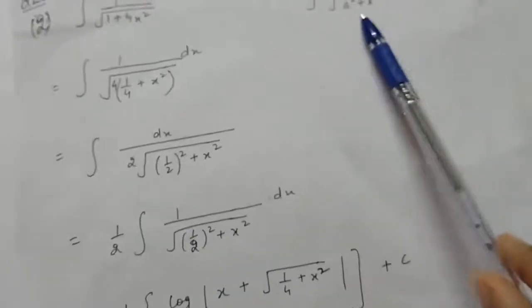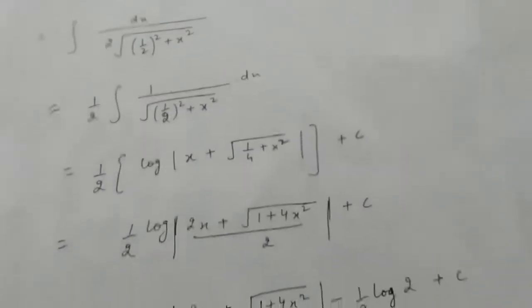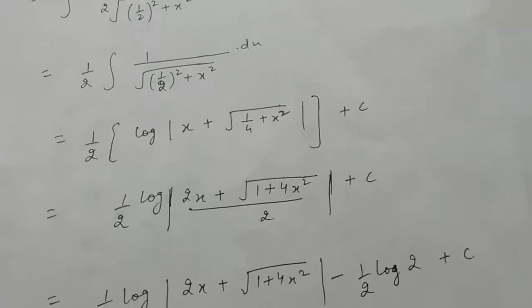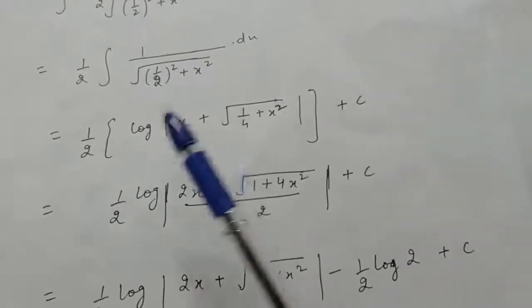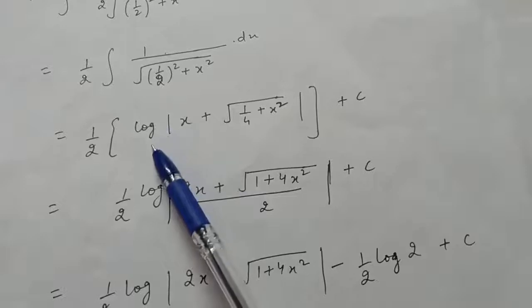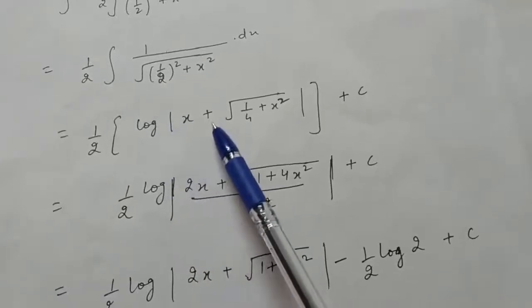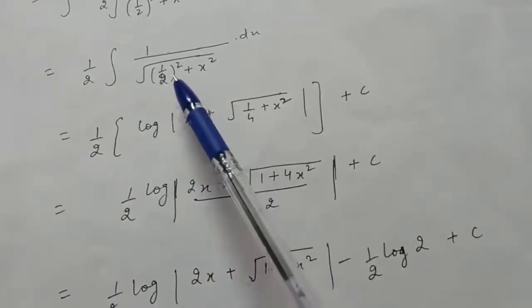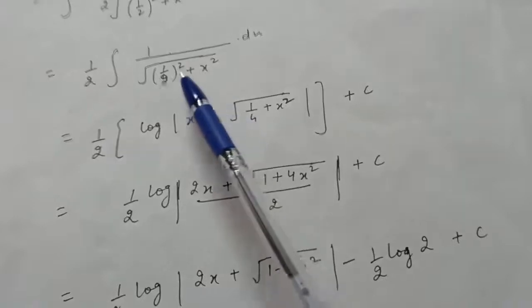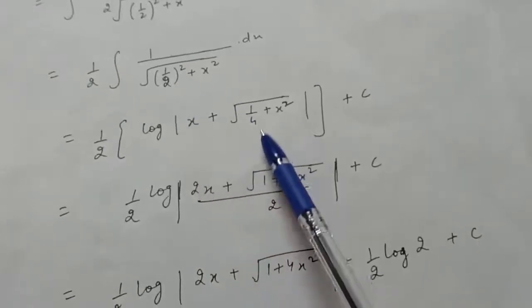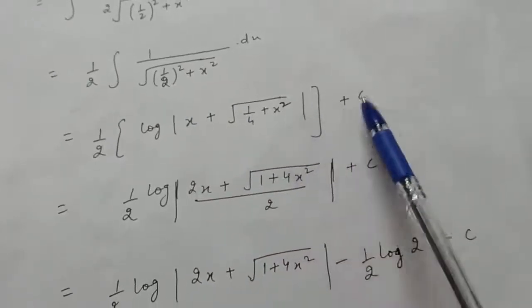Now apply this formula of 1 upon root a square plus x square, with this 1 by 2 as it is. Integral of this will be log mod of x plus root a square plus x square. So square of a will be 1 by 4 plus x square plus c.